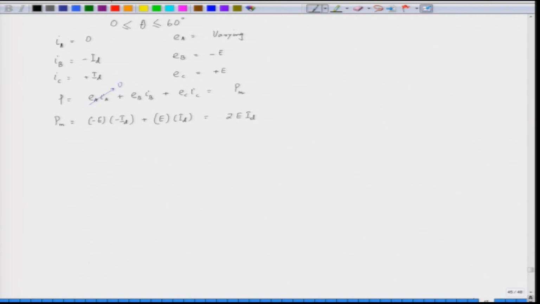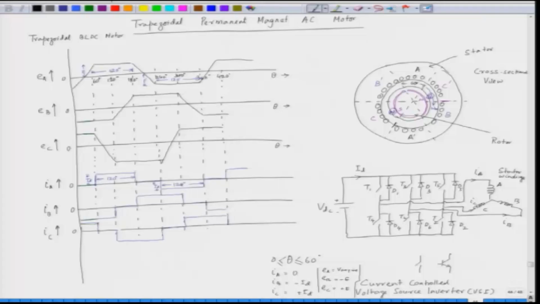So, we saw that the power here is a function of ID. ID is the DC link current, the current on the DC side. The power is a function of the DC current ID, which is finally injected into the stator windings.